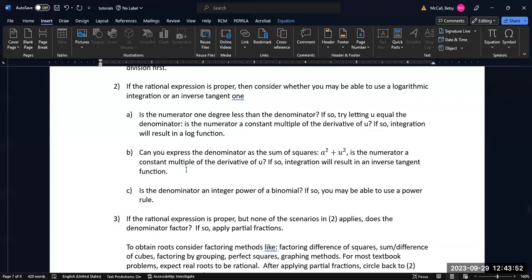If you take the derivative of your u function in that expression, the function that's being squared, does that help you get to your numerator? Now, sometimes this will be obvious, and sometimes this will be less obvious, but it's always worth inspecting, always worth thinking about, because again, this is going to be an easier procedure to do than, let's say, trying to factor a denominator that doesn't factor.